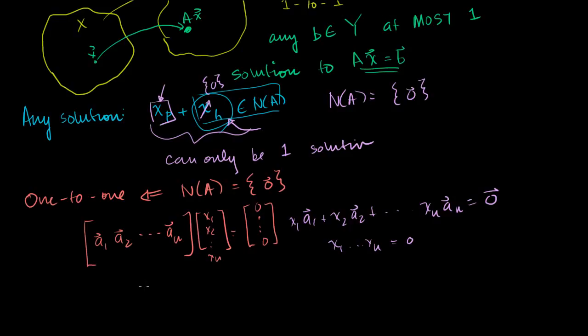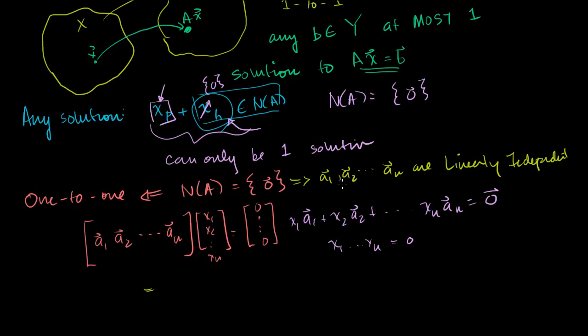So the null space being 0 also means that the column vectors of A, a1, a2, all the way through an, are linearly independent.